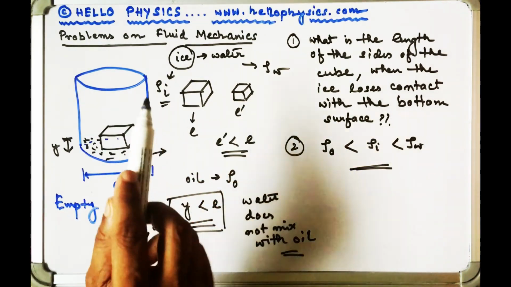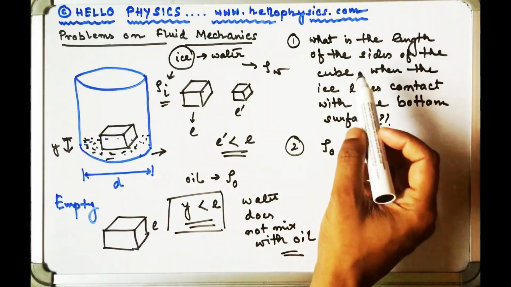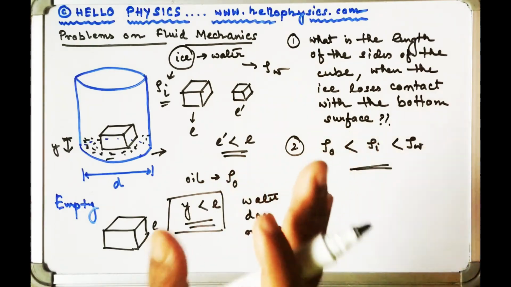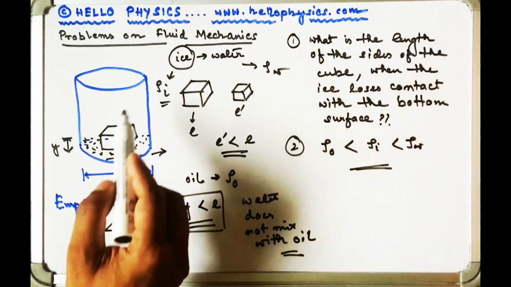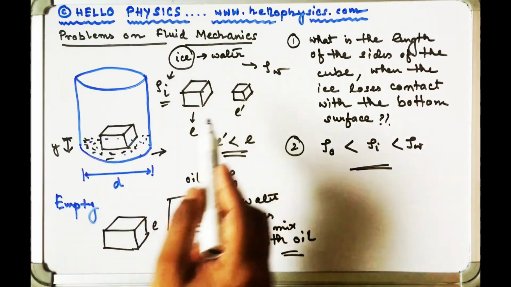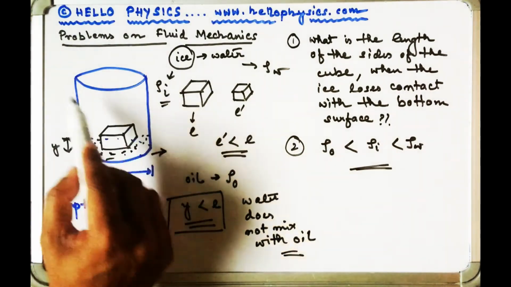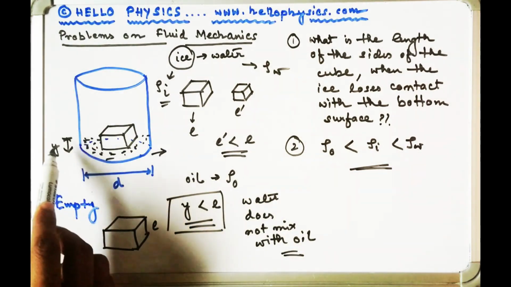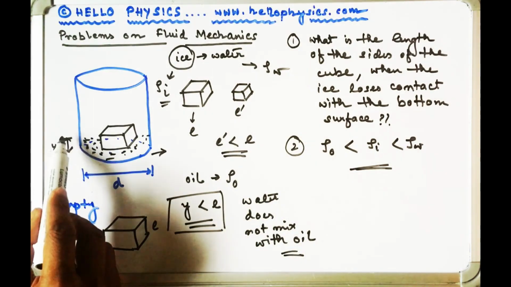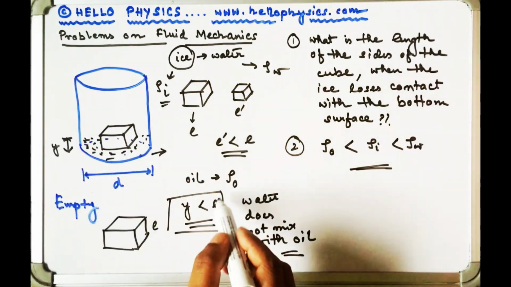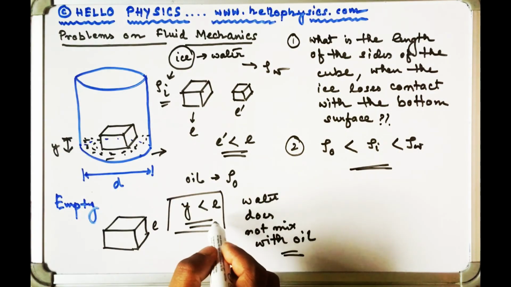The problems in part 1 and part 2 are very similar, with the difference that initially in problem 1 the container was completely empty and the ice cube was placed, and in the second part the container had some amount of oil inside it, up to a certain height, and the height till which the oil was kept is lower than the sides of the ice cube.